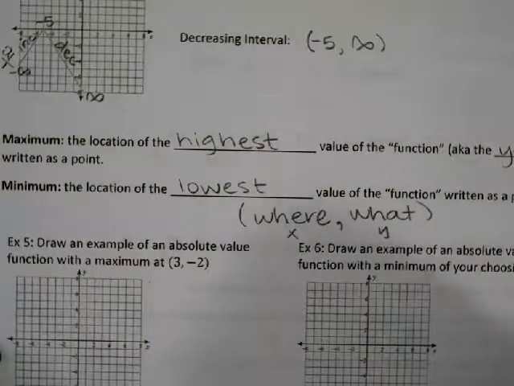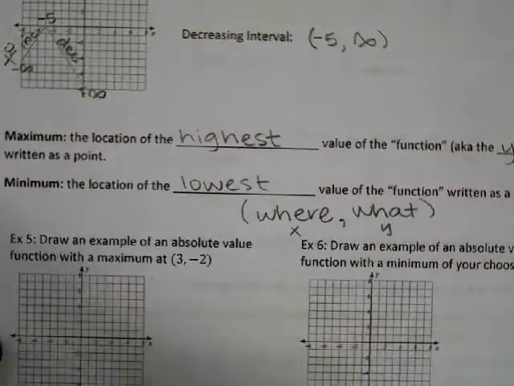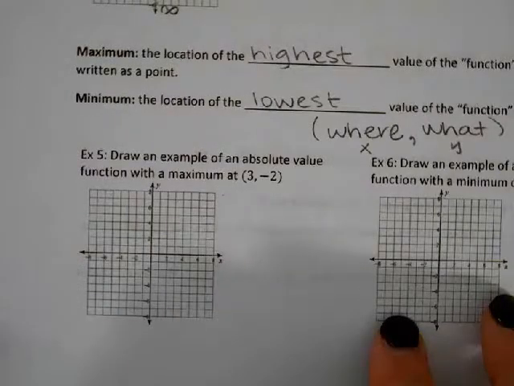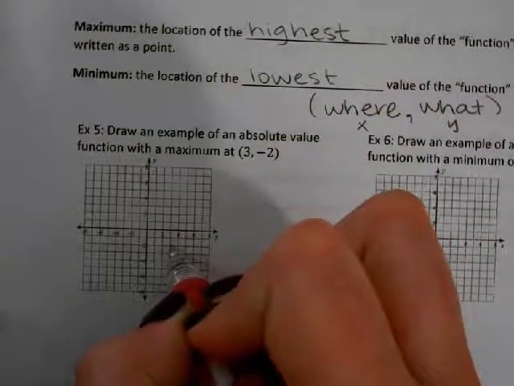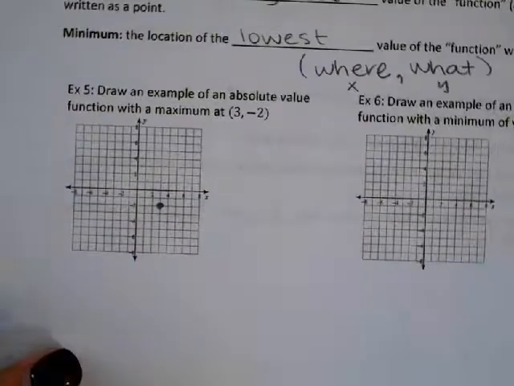All right, how do your brains feel so far? Good? Okay. Draw an example of an absolute value function with a maximum of 3, -2. Okay, so let's start with that point 3, -2. And if we want that to be the maximum, what should we do from there?